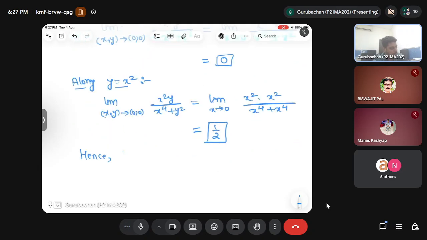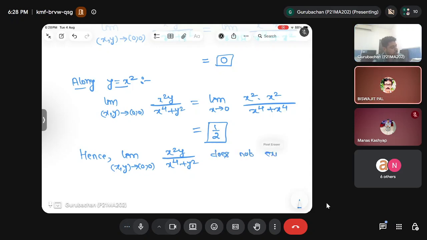Hence the limit of x square y over x to the power 4 plus y square as (x, y) tends to (0, 0) does not exist. This is the basic approach by choosing two paths.